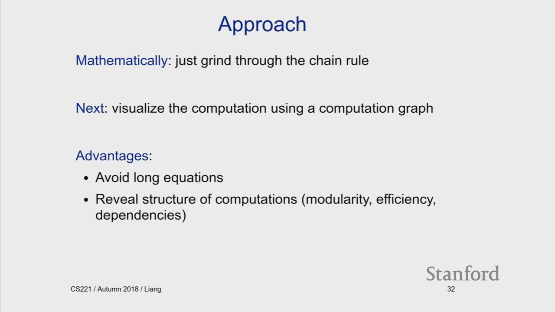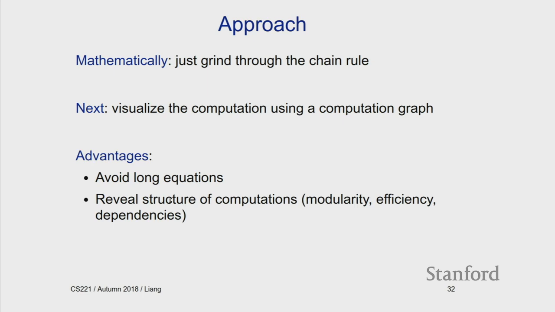But what we're going to do next is show you a way of visualizing this computation in a more intuitive way. The advantage is that it allows you to literally see what is going on when we're talking about these gradients, avoiding these long equations.